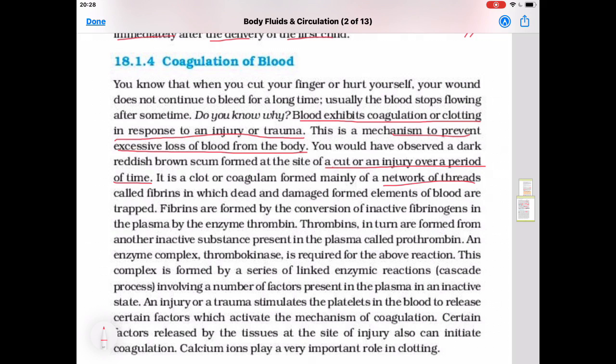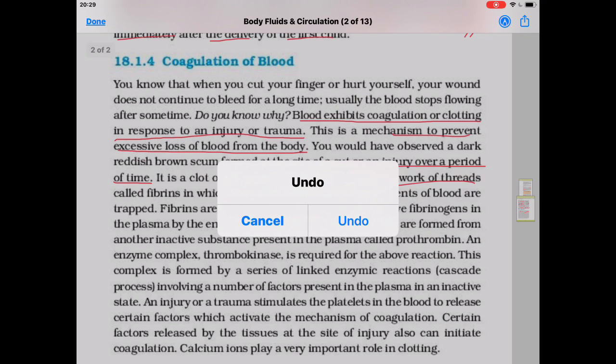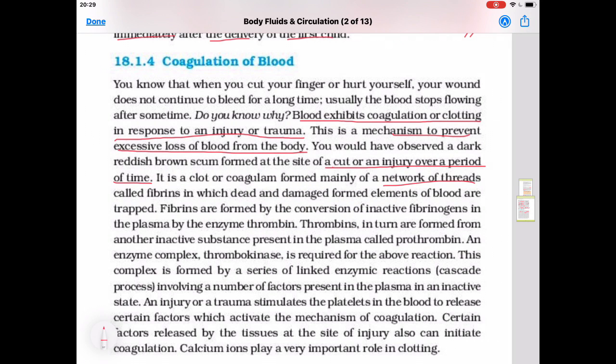Next reaction is fibrinogen, which is also present in an inactive form, changes into fibrin in the presence of thrombin, which is formed in the last reaction. So fibrinogen changes into fibrin.